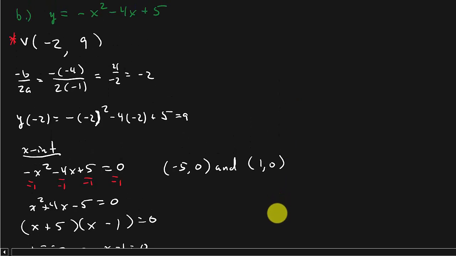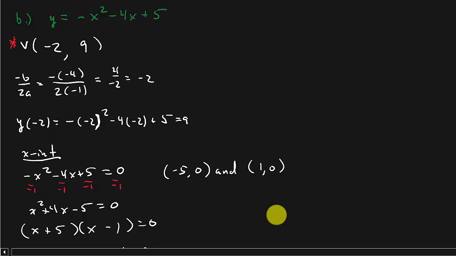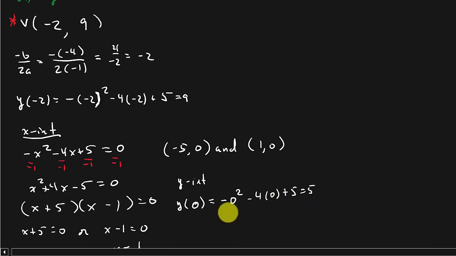Now let's find the y-intercept. That is y of 0, which is negative 0 squared minus 4 times 0 plus 5, which is 5. So that is (0, 5).